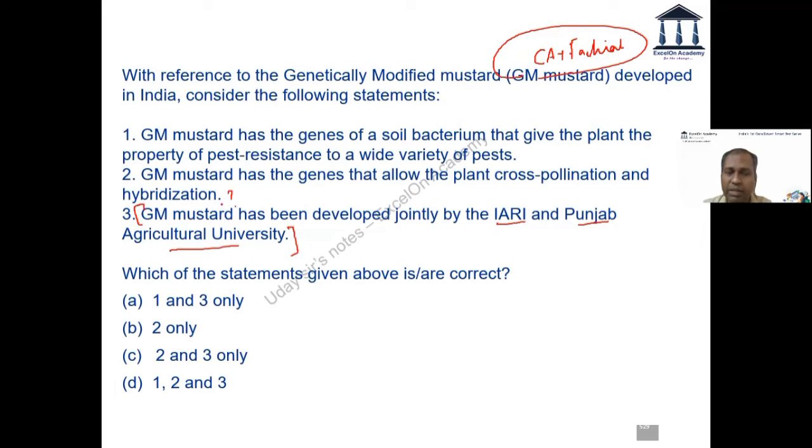I have no idea; unless I have studied it, I will not be able to answer. GM mustard has genes of a soil bacterium that give the plant a property of pest resistance. This also, unless I am from botany, microbiology or genetics, I will not be able to answer. Yes, cross pollination we had discussed. You're right, Prachi. Maybe I had just mentioned it as a passing reference. Good that you remembered. I had kind of forgotten it.